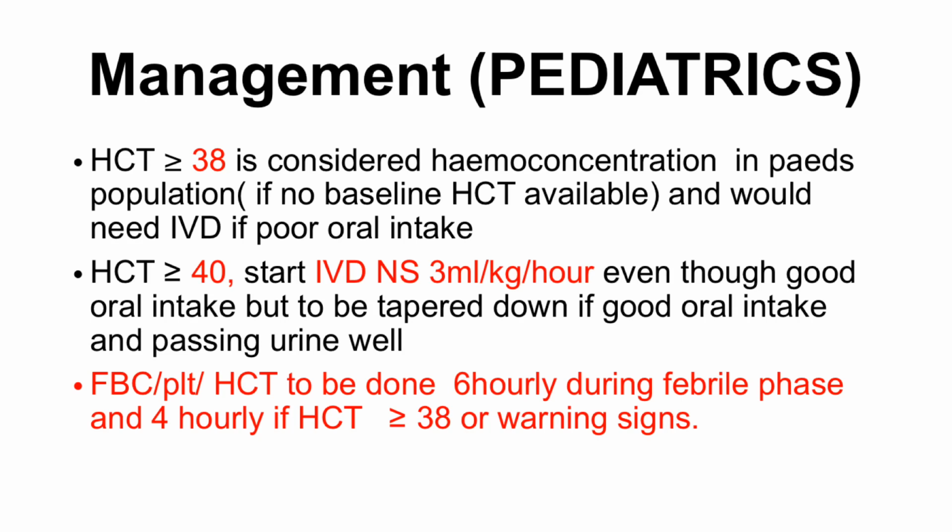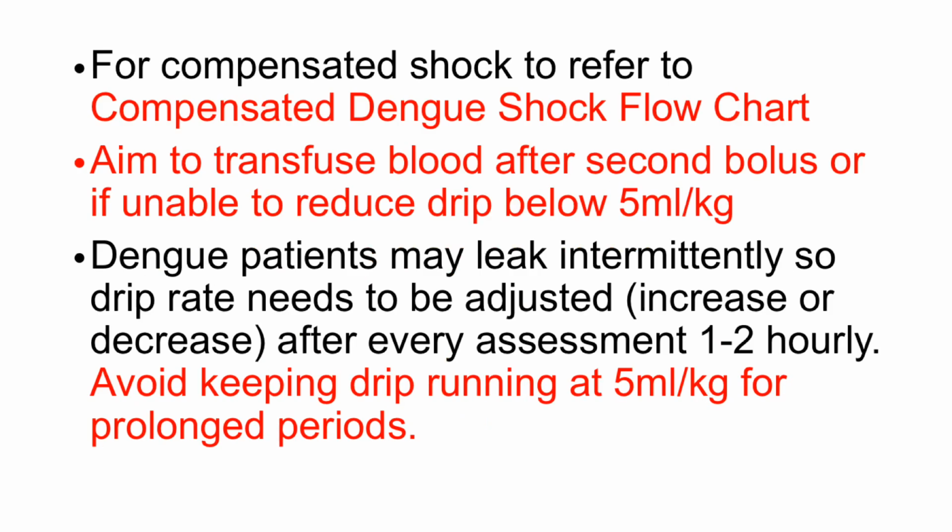Then if the hematocrit is above 40, IV drip normal saline 3 ml per kg per hour can be given and tapered down if there is good oral intake and the patient is passing urine well. Blood investigations such as FBC, platelet, and hematocrit should be done 6 hourly during the febrile phase and 4 hourly if hematocrit is more than 38 or with warning signs.